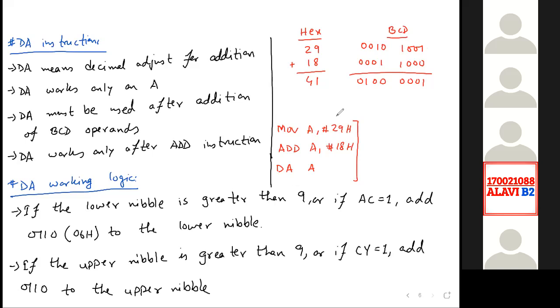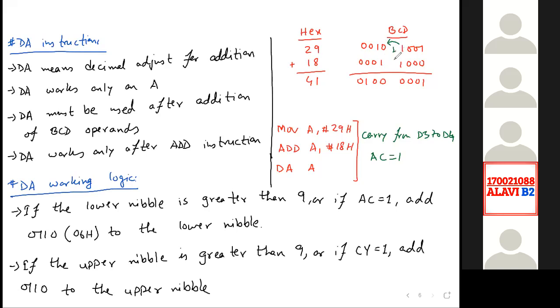We say that when there is a carry from D3 to D4, is it not how we say? Yes, sir. So if there is a carry from D3 to D4, in that case, my auxiliary carry becomes 1. So you see that is true. So when you are going from here to here, this is your D3, this is your D4. When you are going from here to here, there is a carry.